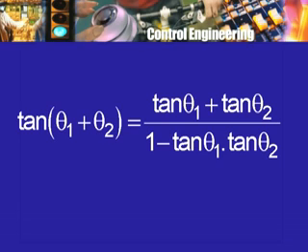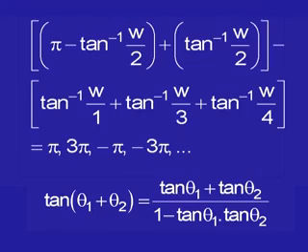So apply this formula repeatedly to this equation by taking tangent, and you will get a polynomial equation in omega after simplification. And then you can find the roots of that polynomial equation either by trial and error or by using some computer program. In general, to find the root of a polynomial, there is no alternative but to use a computer program or a method of approximation like Newton-Raphson method or Horner's method, and there are so many of them, to get an approximation for the root.